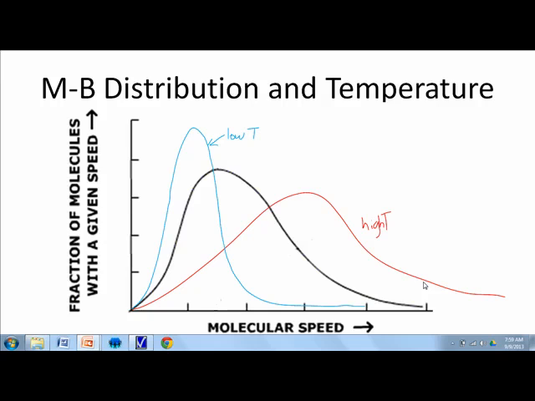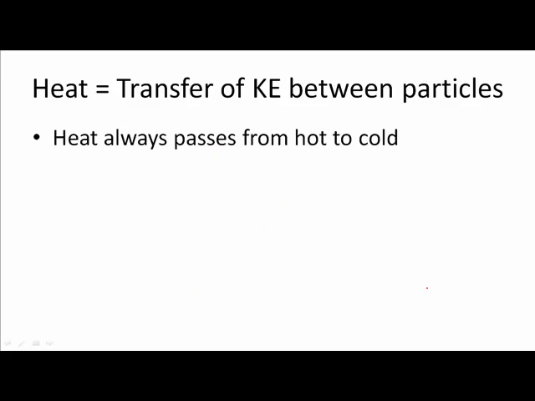Now in this class, the way that temperature will interact with us, or the way that energy can pass from one thing to another, is going to be through heat transfer. And the one thing you need to know about heat transfer is heat always passes from hot to cold. Pretty intuitive idea.